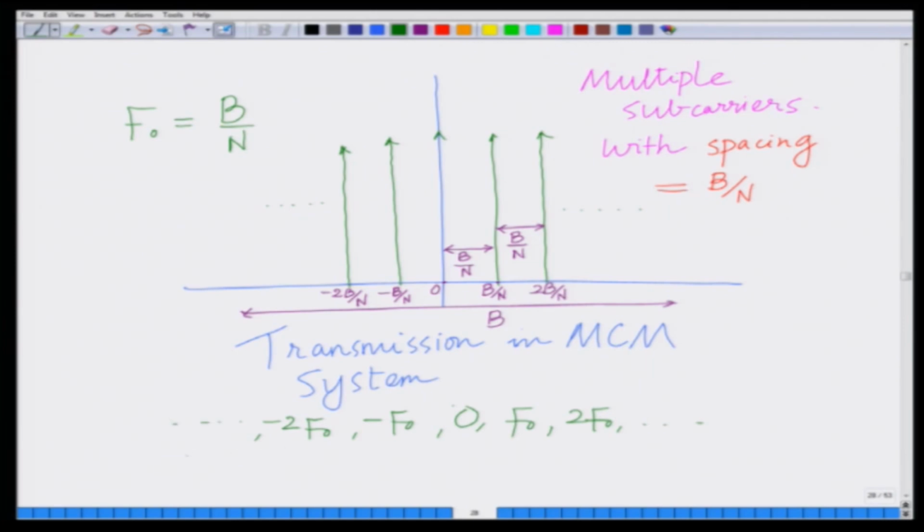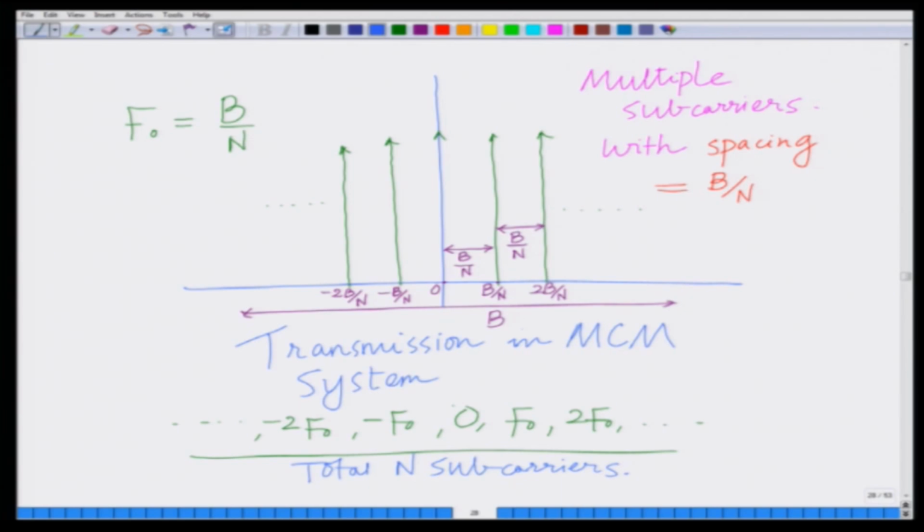So, basically I have a total of N subcarriers.